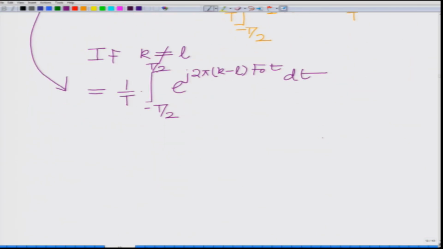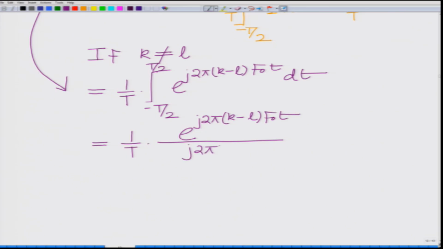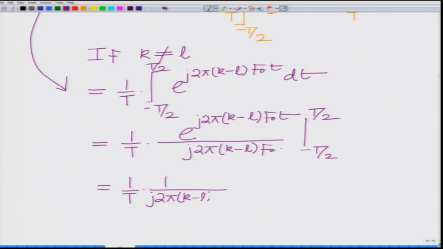Since k minus L is not equal to 0, I can evaluate this integral as 1 over T times e to the power of j 2 pi (k minus L) f naught t divided by j 2 pi (k minus L) f naught, between the limits minus T by 2 to T by 2, which is equal to 1 over T times 1 over j 2 pi (k minus L) f naught.